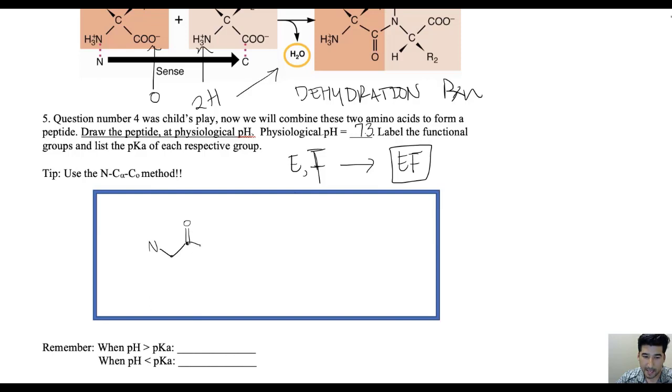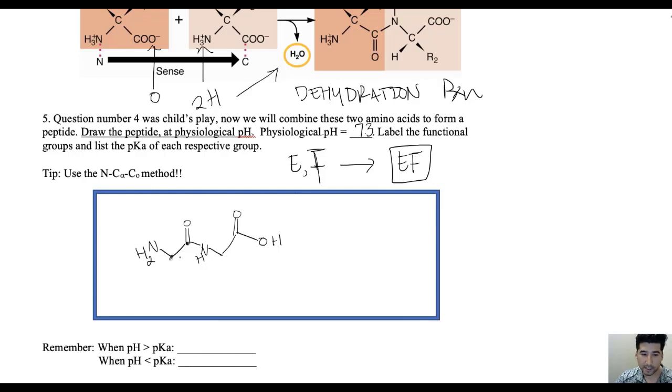And then N, Ca, CO. Okay, so all we've drawn so far is the backbone. For every amino acid, it's NCACO, NCACO.